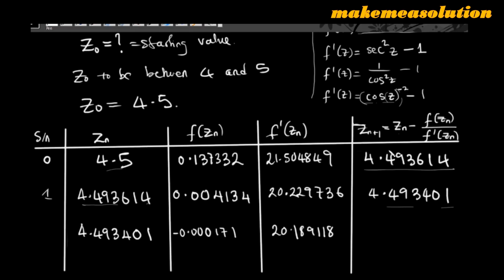So we are now going to compute this, that's this value minus this divided by this.